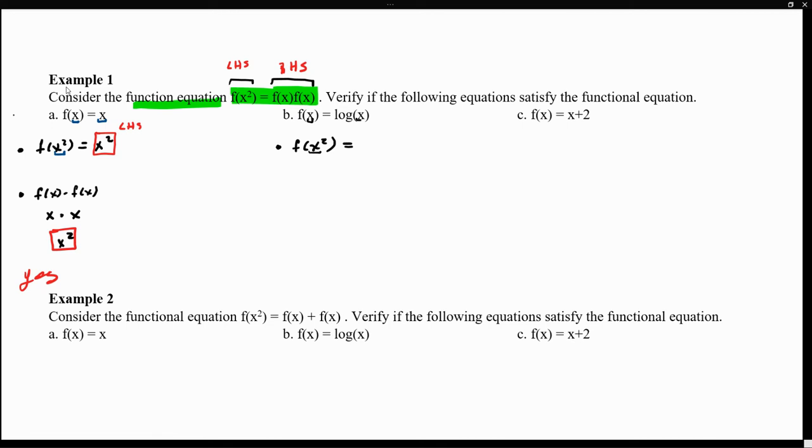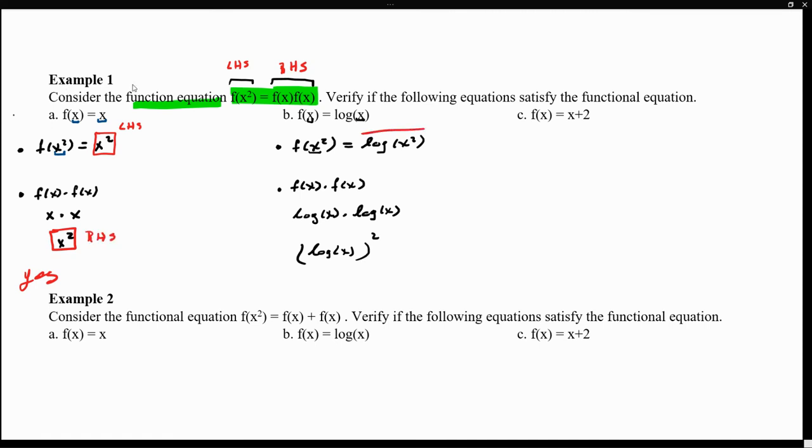So f of x squared is equivalent to log of x squared. Okay, so that's good. Now what is f of x times f of x? Well, f of x is defined as just log of x. So we're going to have log of x times log of x, which is equivalent to log of x, squared.